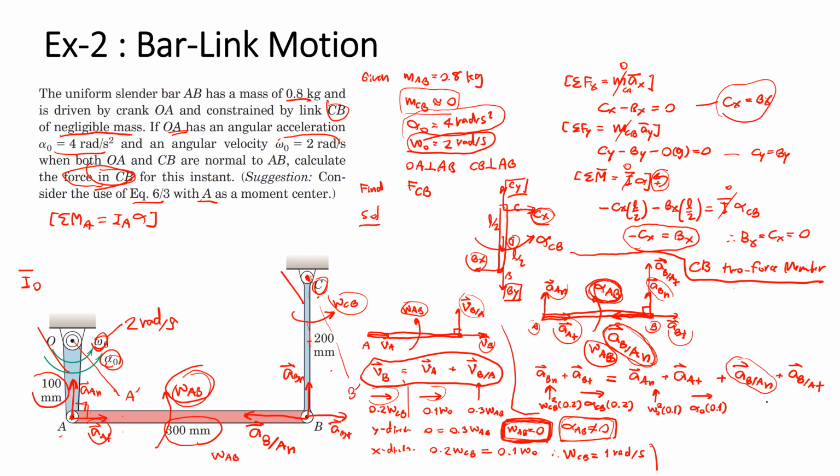The direction of the normal relative acceleration is going to the left-hand side with the magnitude of omega AB square times the radius 0.3.